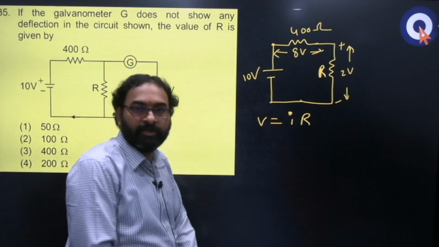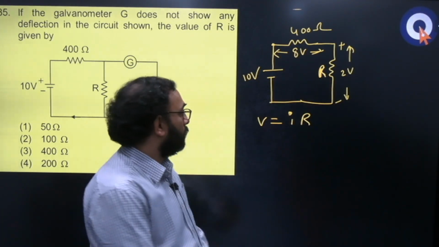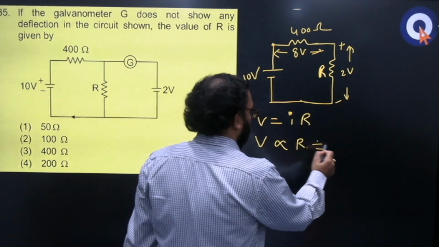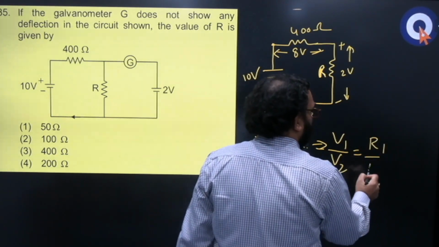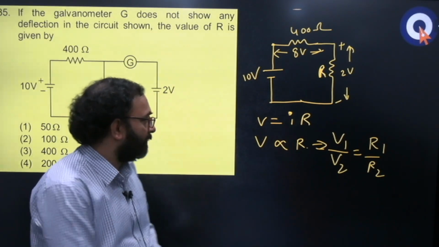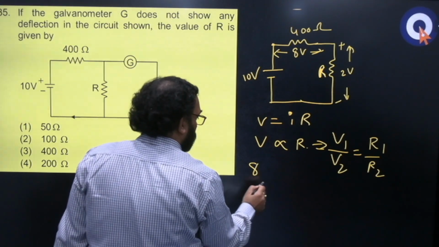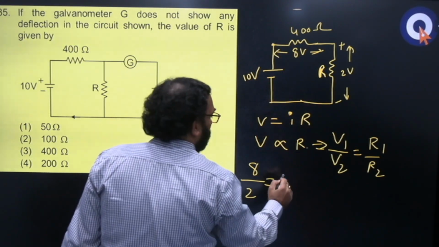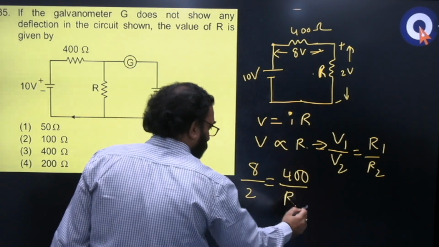In series resistance, current is the same. The same current flows through both of them. That means potential difference is proportional to resistance. That means V1 by V2 equal to R1 by R2. Potential difference is proportional to resistance, I is the same. So V1, let us take this 8 volts, V2 2 volts, R1 400 ohm, R2 we don't know.